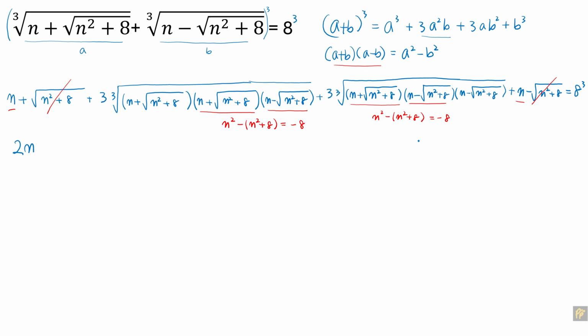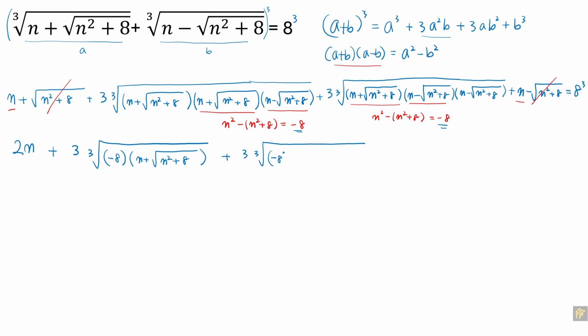Then we can further simplify this as 2n plus 3 times the third root of negative 8 times the third root of n plus square root of n squared plus 8, plus 3 times the third root of negative 8 times the third root of n minus square root of n squared plus 8.